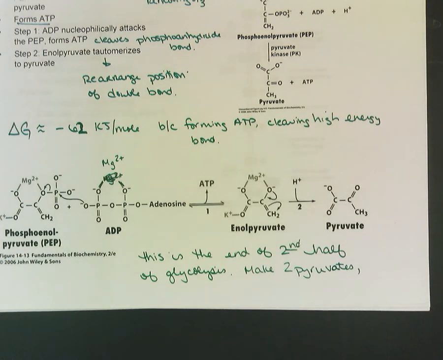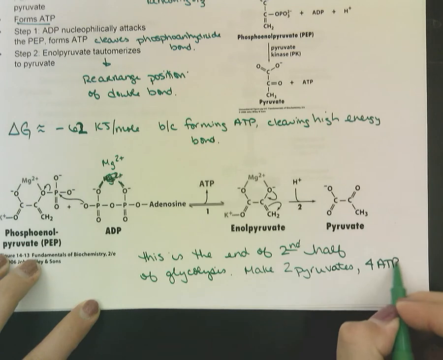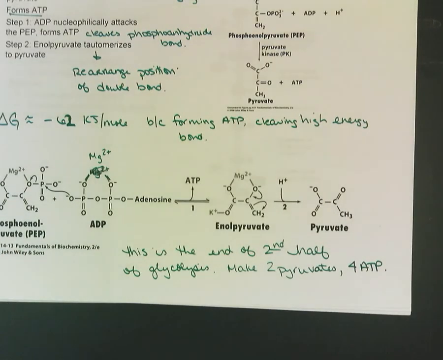At this point, we've made 2 pyruvates and 4 ATP. How did we make 2 pyruvates? Because I've only shown 1.